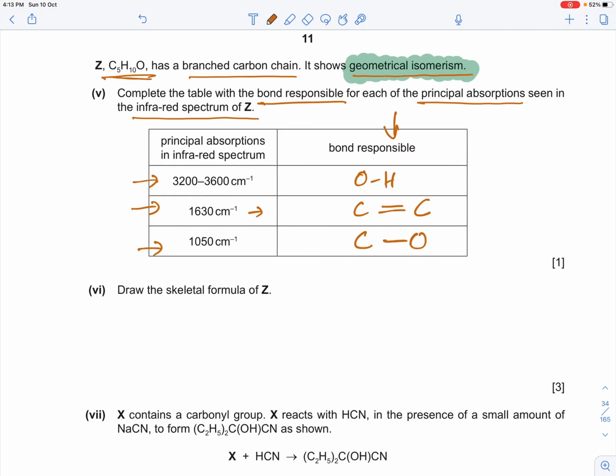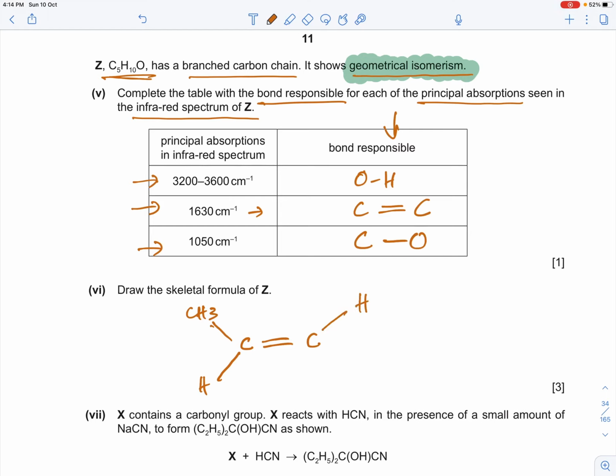Now draw the skeletal formula of Z. Now Z shows geometrical isomerism. That means it would have a carbon-carbon double bond. In total, it has 5 carbon atoms, right? So if it has 1 carbon on this side, CH3 and H, so these are 2 different groups attached to the double bond, CH3 and H. Now 2 more carbons we have to draw.